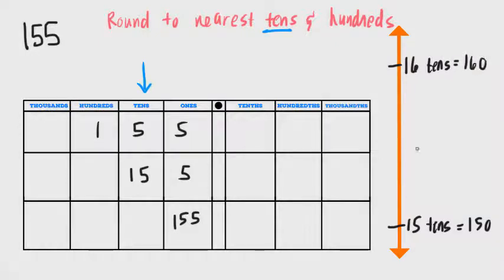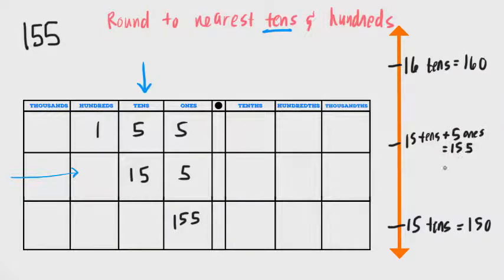So we have to figure out which it's closer to. What's our number closest to? In this case, the best one to look at is this row right here, because we have 15 tens and 5 ones, and that gives us the understanding that this number right here is 15 tens plus 5 ones, and that equals 155.